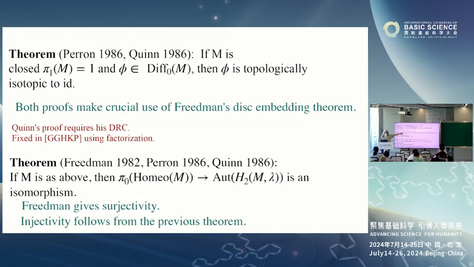So this is the theorem Ruberman used to say that, well, here's a diffeomorphism that's topologically isotopic to the identity, but using gauge theory, it wasn't smoothly isotopic to the identity.